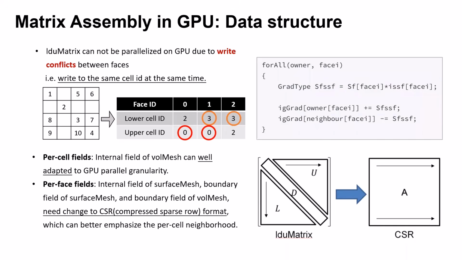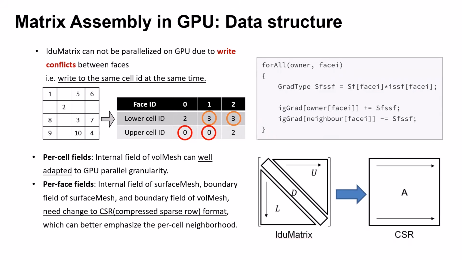If we want to loop over faces and integrate face values onto cells, and we do a thread-parallel version of this loop, we will find write conflicts. For example, in this matrix, thread 0 wants to write to cell 0, and thread 1 wants to write to cell 0 too. So this is a write conflict.